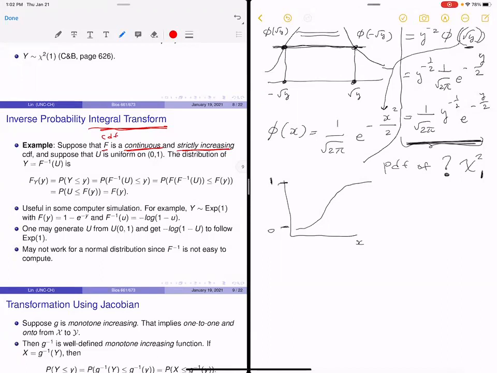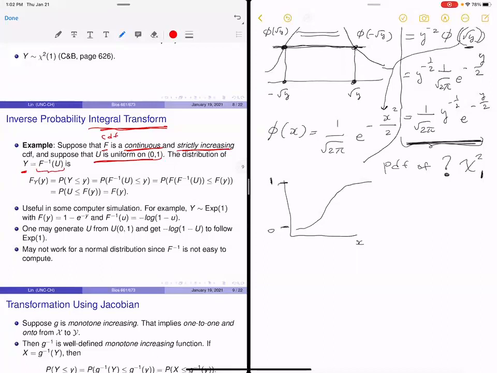Good. Then suppose that I have an original random variable U following Uniform(0,1). Then I can give you a new random variable Y using the inverse of the CDF as a transformation tool.